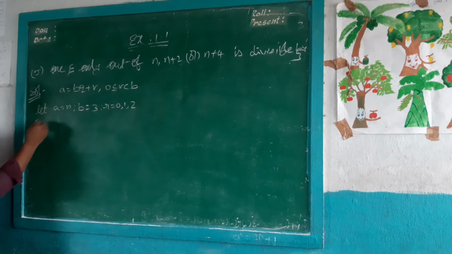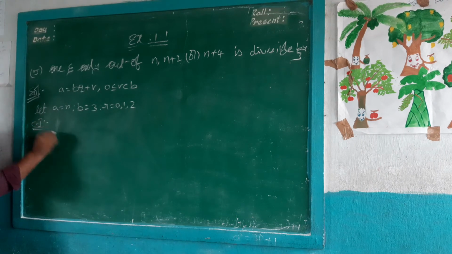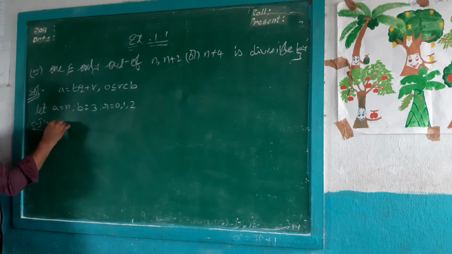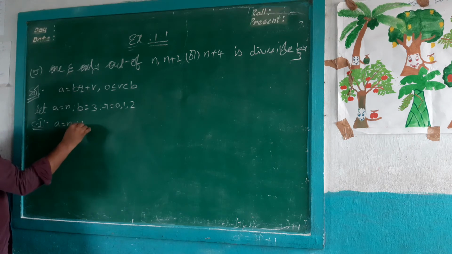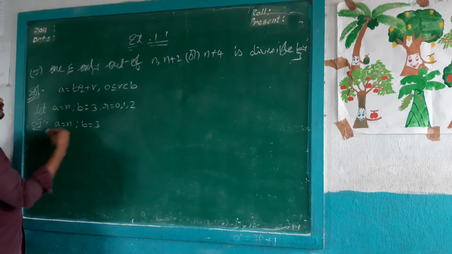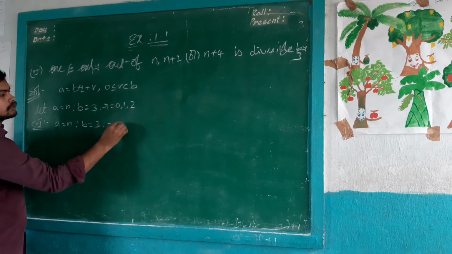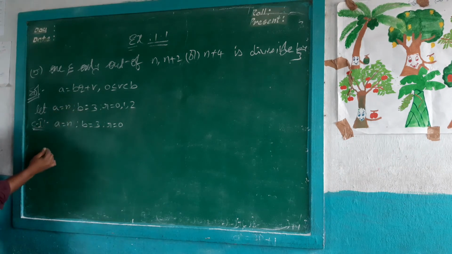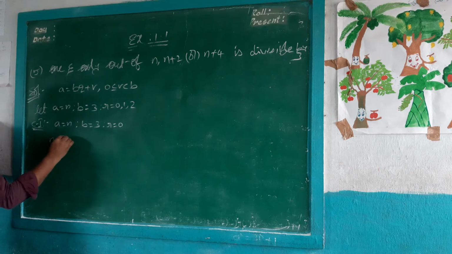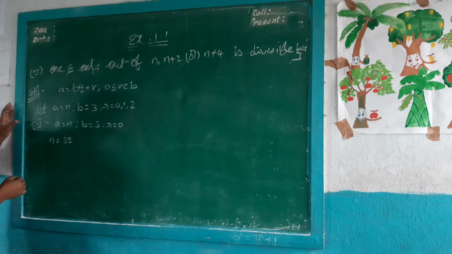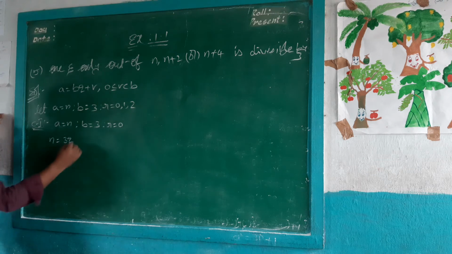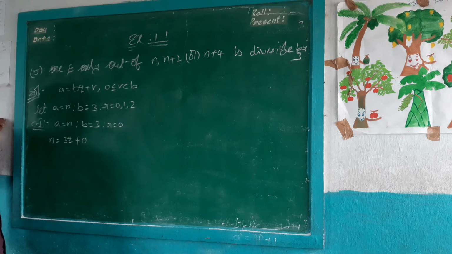So case 1: a equals n, b equals 3, r equals 0. Submit these values in this equation: n equals 3q, and the remainder is 0.